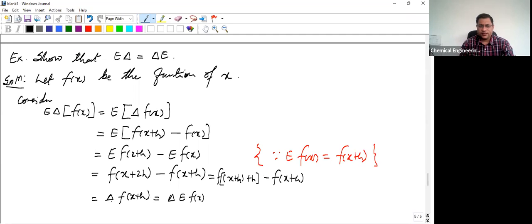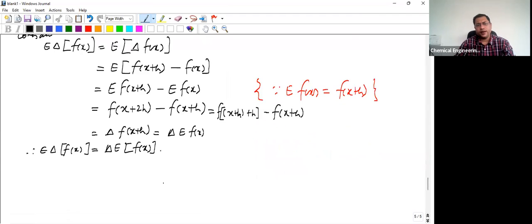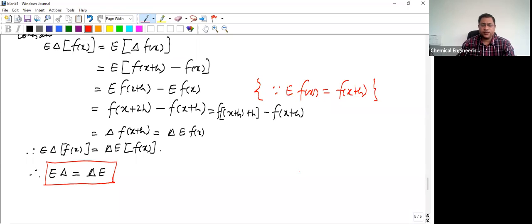What we got here is that shift delta of f of x is the same as delta shift of f of x. Hence we can say that these two operators, shift delta and delta shift, are the same.